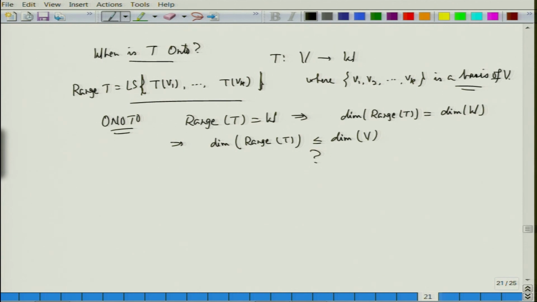What we have seen is that V1 to Vk being linearly independent need not imply that this is linearly independent.